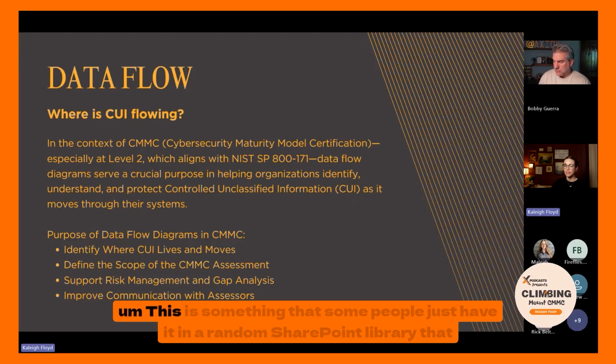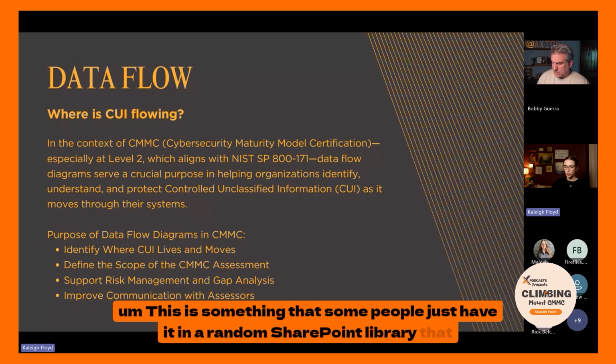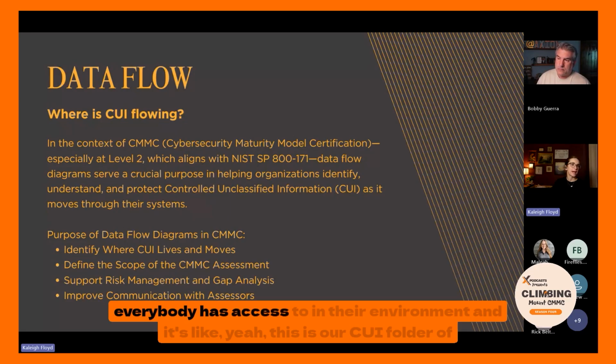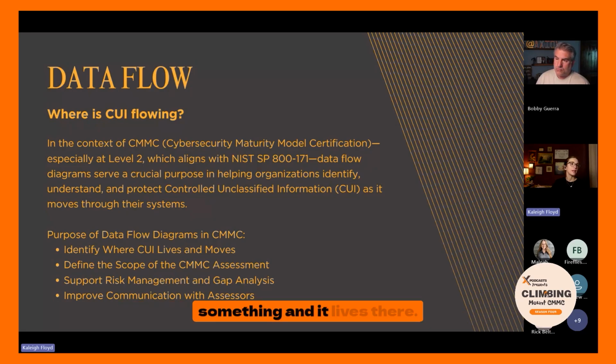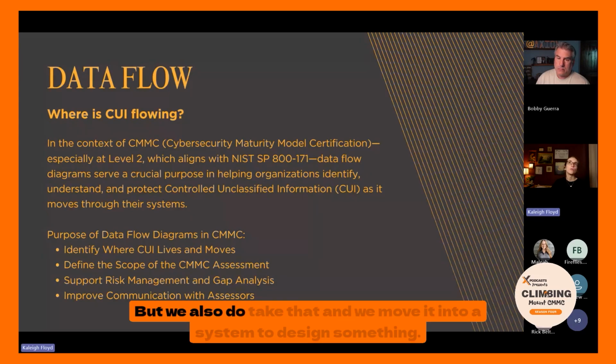Some people just have it in a random SharePoint library that everybody has access to in their environment. And it's like, oh yeah, this is our CUI folder, and it lives there. But we also take that and move it into a system to design something.